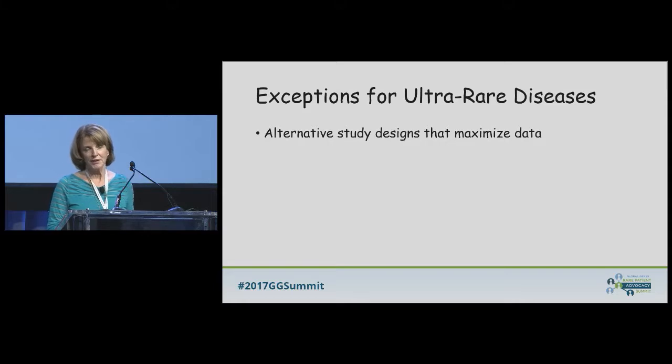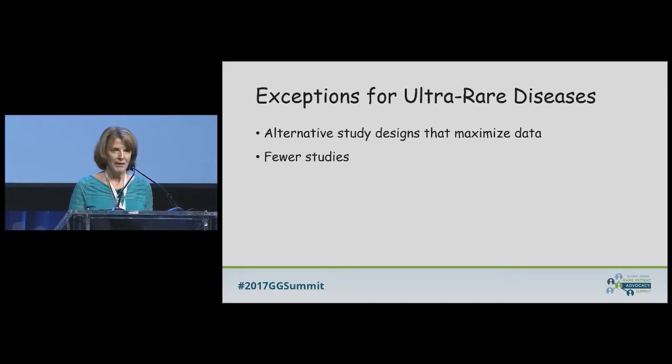So in addition, I mentioned some of the common study designs. There are definitely alternative study designs for rare diseases, such as randomized withdrawal, et cetera, different variations of crossovers that really can maximize the amount of data that you get with a small population. And as I mentioned, sometimes you don't have to do the full gamut of clinical trials, and oftentimes fewer patients.